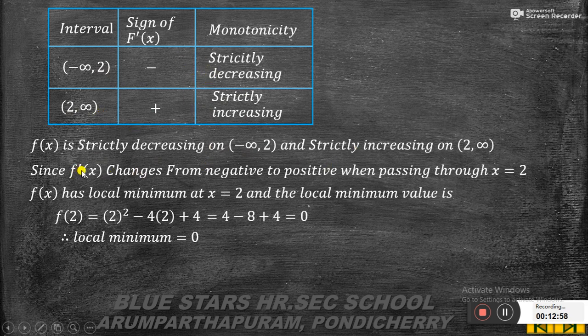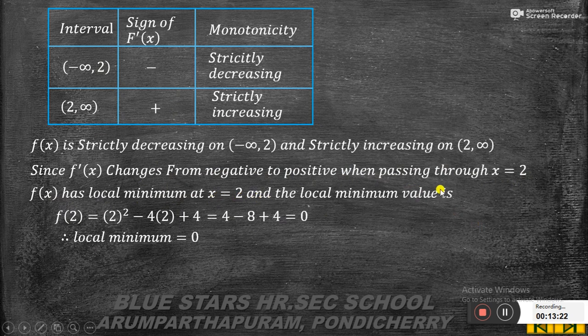Next, since f dash of x changes from negative to positive, you see the sign changes from minus to plus, which means there exists a local minimum at the point x equal to 2. Therefore f of x has a local minimum at x equal to 2.